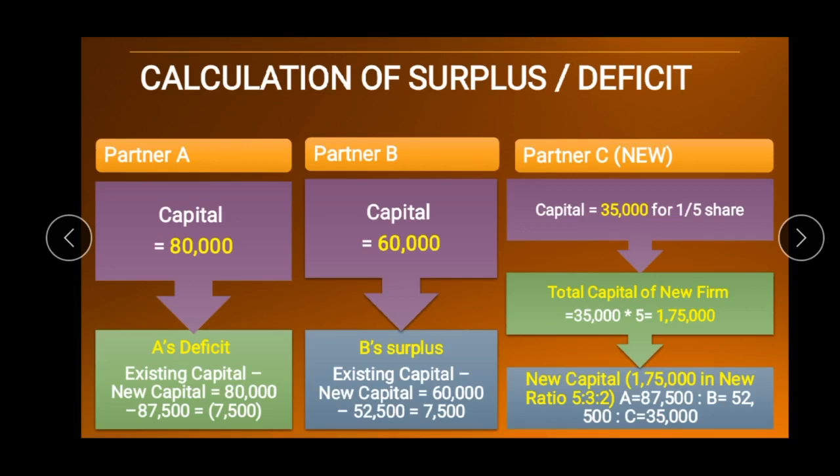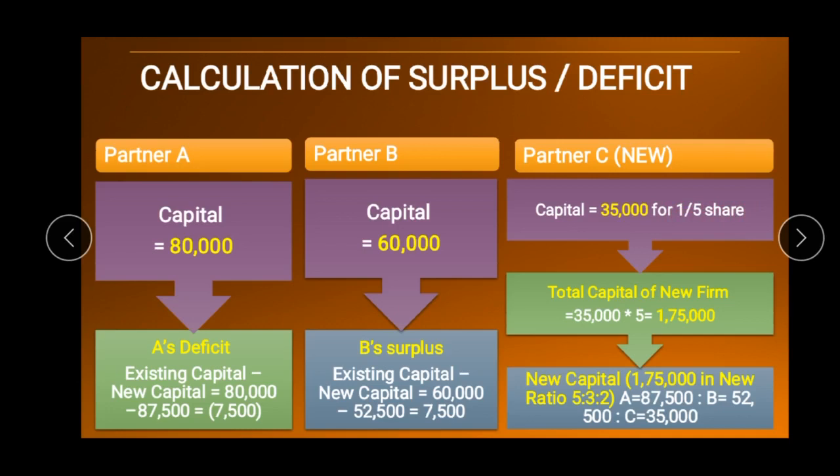Suppose there are two partners, partner A and partner B. Their capital is 80,000 and 60,000. They agree to admit C as a new partner. C brought in rupees 35,000 for 1/5 share in profits.